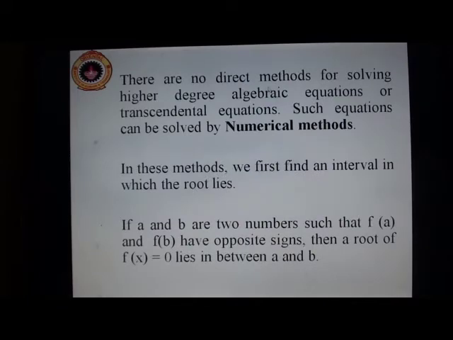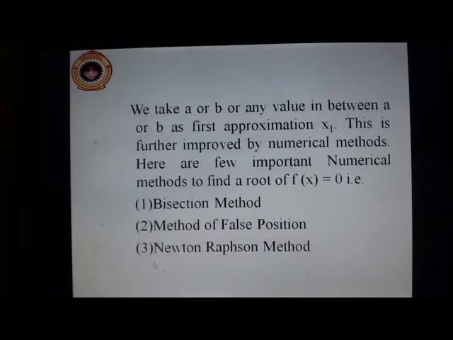There is no direct method for solving higher degree algebraic equations or tangential equations. Such equations can be solved by numerical methods only. In these methods we first find an interval in which the root lies. If a and b are two numbers such that f(a) and f(b) have opposite signs, then a root of f(x) = 0 lies between a and b.